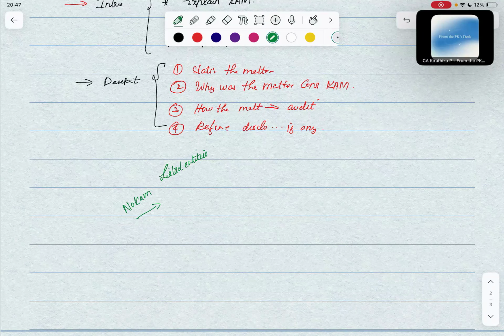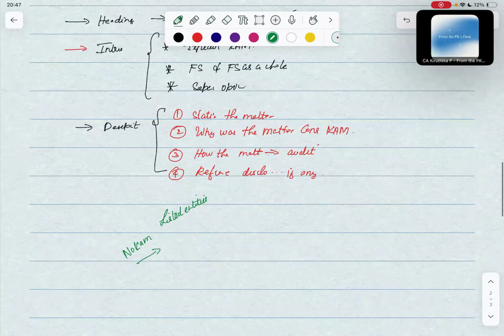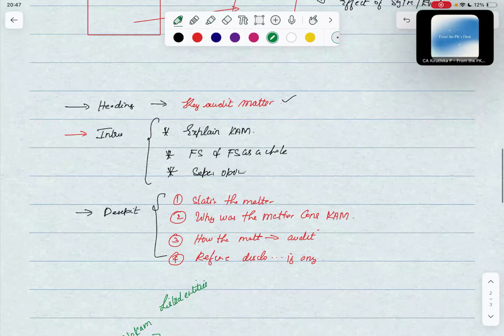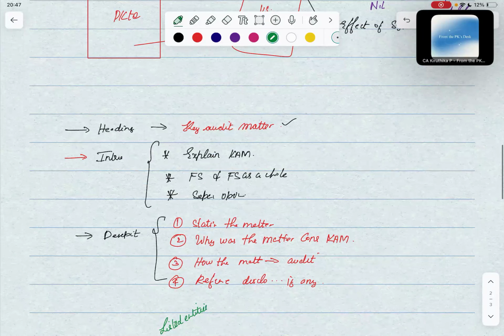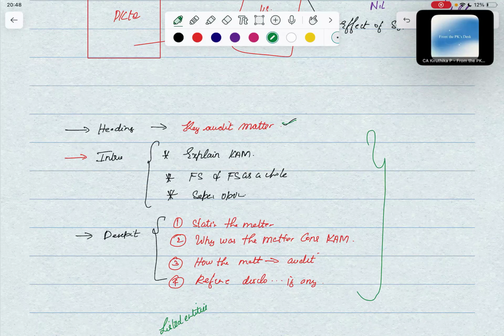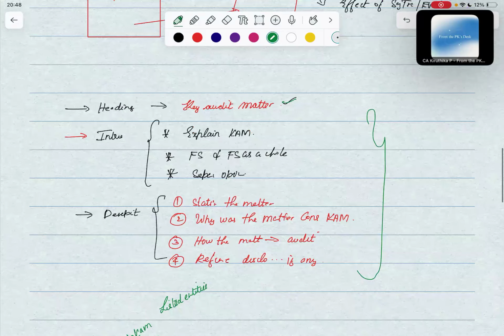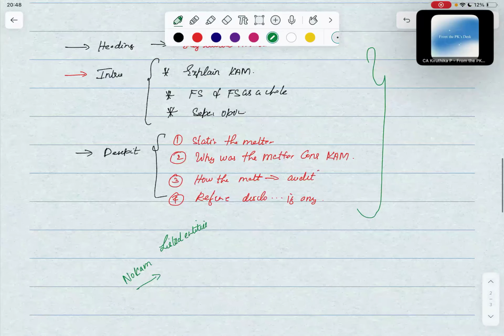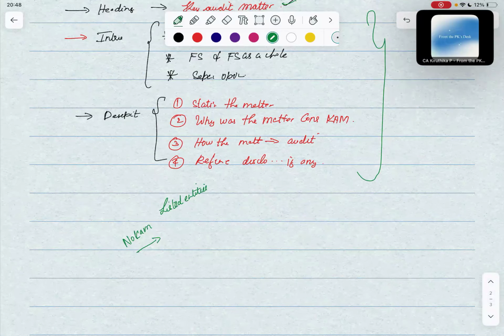Then in that case there will be a doubt, right? Because here we are including the key audit matter and explaining all this. But key audit matter is mandatory only for listed entities audit. In that case, if the auditor has come to a conclusion that there is no key audit matter, then for sure he must include this heading, key audit matter.